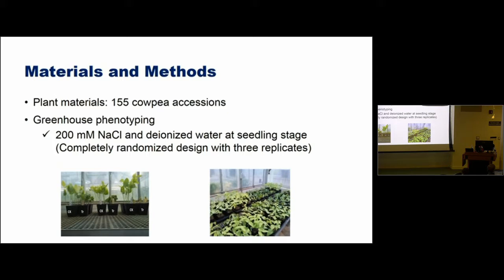And I've used 6 pots. 3 pots were irrigated with salt solution, and the other 3 pots were irrigated with the deionized water. And this is how the greenhouse experiment looks like.